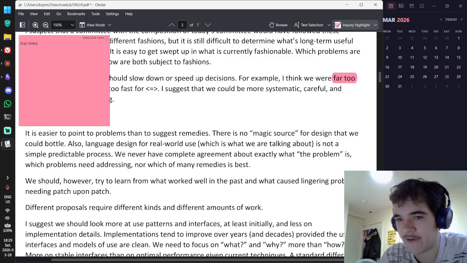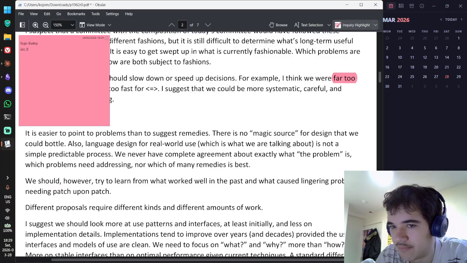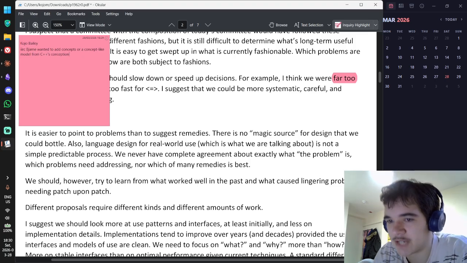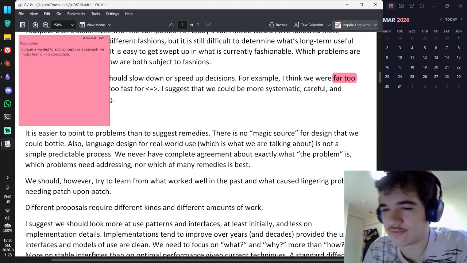Yeah, so if I remember correctly, Bjarne wanted to add concepts or a concept-like model from C++'s conception. Now, I don't remember if this is true.